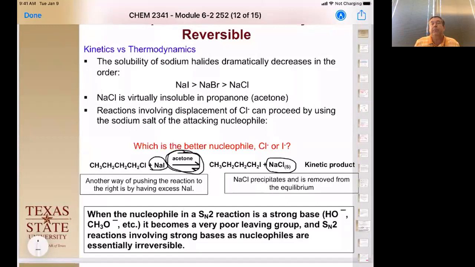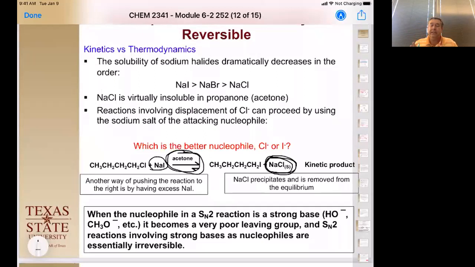Now, in this case, we have a polar aprotic solvent. Okay, a polar aprotic solvent means fluorine is the most reactive. So that means chlorine should be more reactive than iodine, okay? So it should have ended up as the chloride product because that's our thermodynamic product. But because we're taking it out of solution, we're tricking it to the kinetic product.